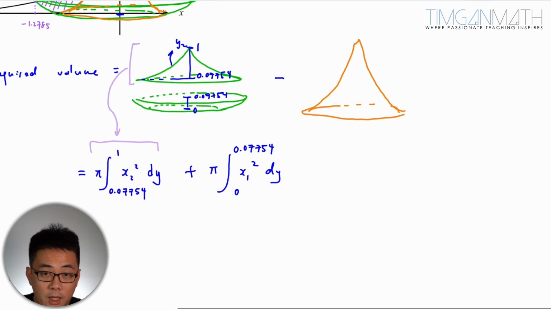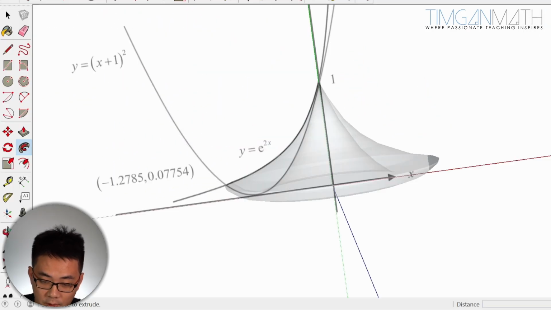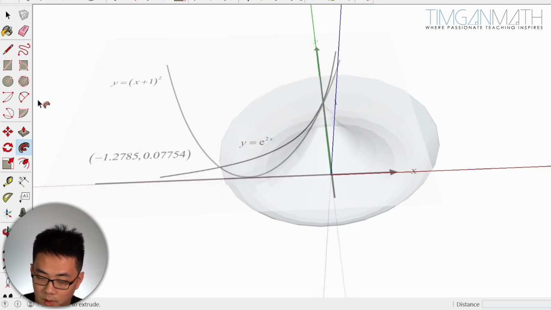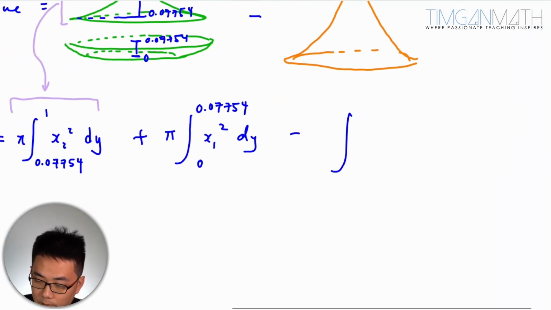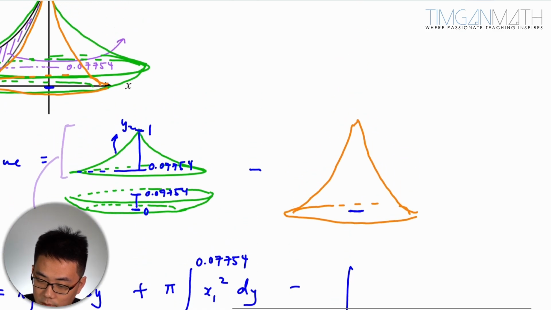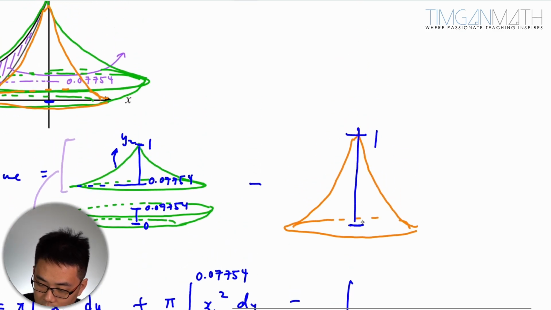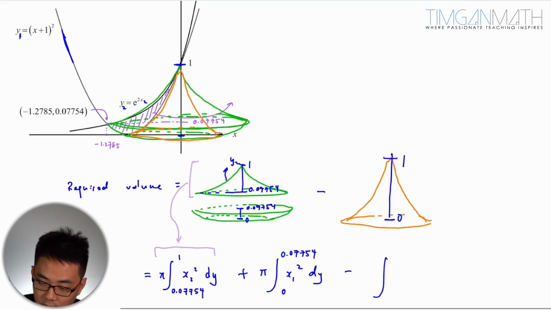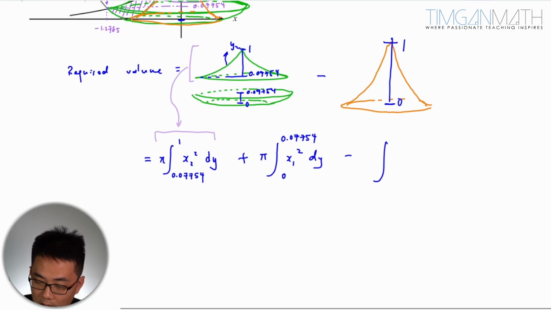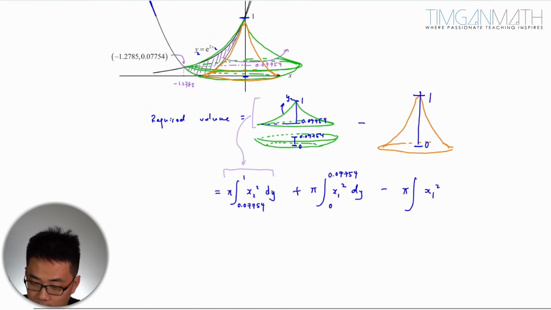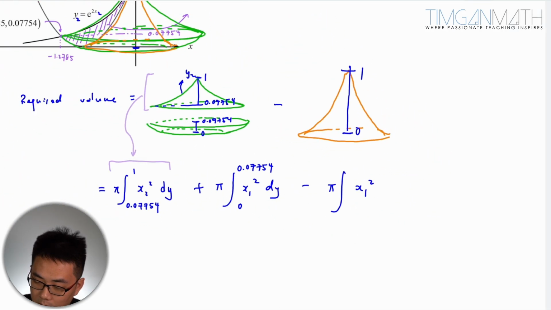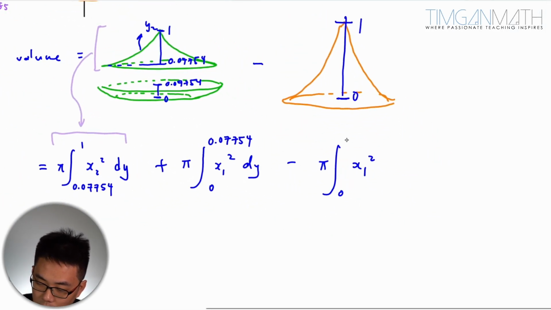Great. Then the last one, which is the one which you need to subtract out, is the one inside here. That will give us minus of pi from 0 to 1. So this curve here is a very simple curve, which is actually y1 equals x1 squared, from 0 to 1, dy.